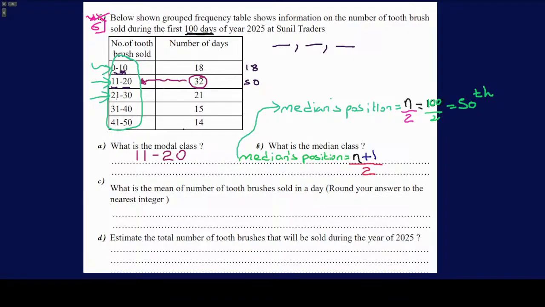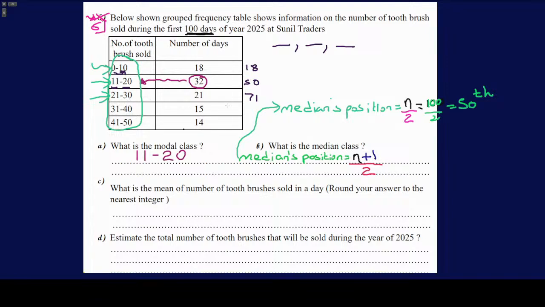What will be there in position 51, 52 and so on? 50 plus 21 is 71. From the 51st position to the 71st position, the values are in the range of 21 to 30.